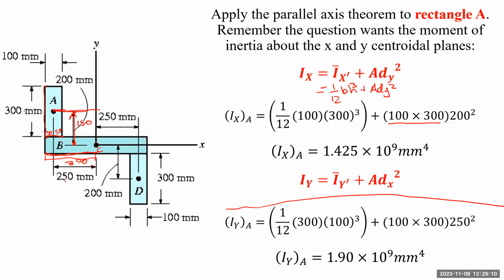And halfway of this, the distance here is 100, but half of 100 is 50. So it's 50 plus this 150 here. So that gives you dy. Let me clarify that: it's 150 plus the 50, which gives you the 200 that you have here. And then you will square the 200.